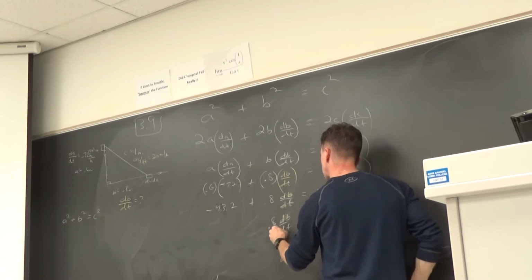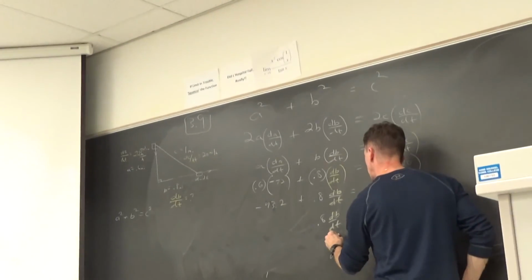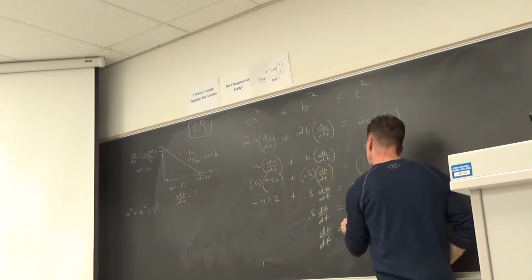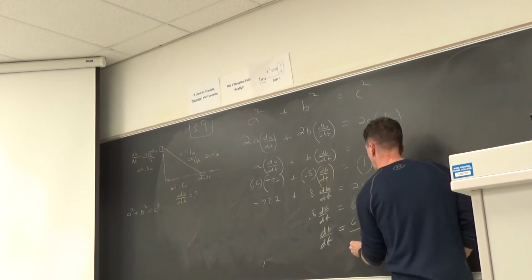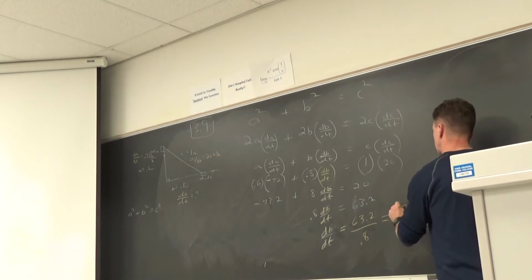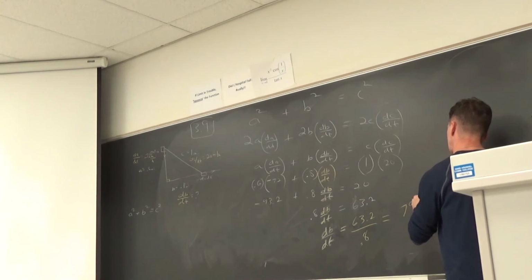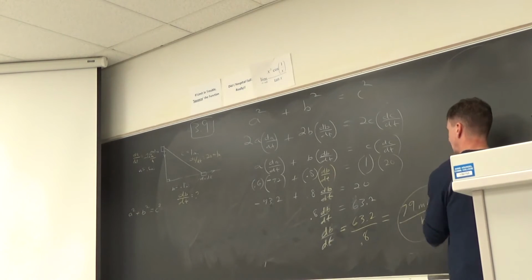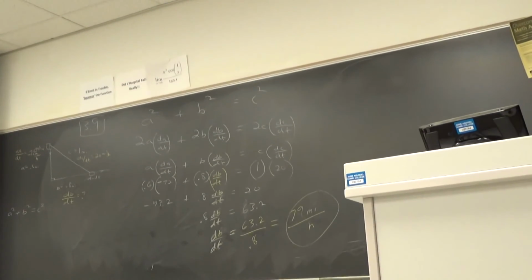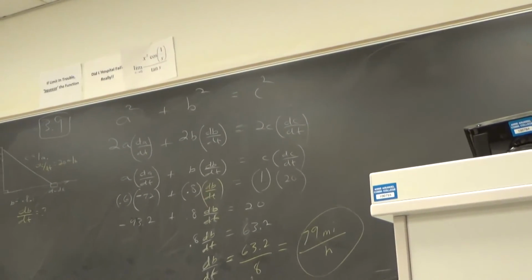And what's 63.2 divided by 0.8? How fast are they going? 79 miles per hour. They're cruising. They're flying, everyone. That's not that fast though. Yeah, I know, that's rush hour, you're behind everyone in rush hour. 79 miles per hour.